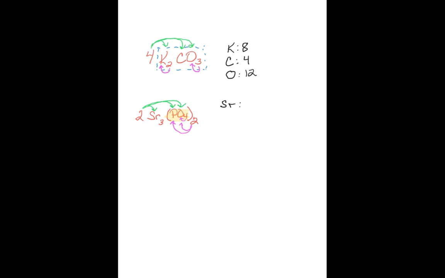So strontium, we're going to have 2 times 3, which is 6. For phosphorus, we're going to have 2, 2, 4. And for oxygen, we're going to have 2 times 4 is 8, times 2 is 16 oxygens.